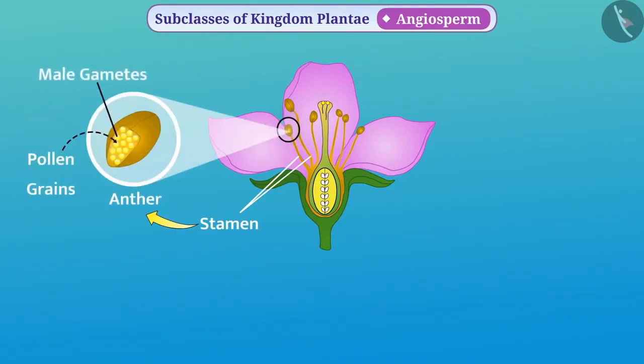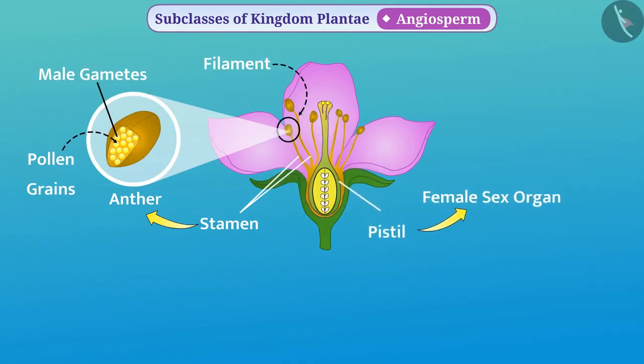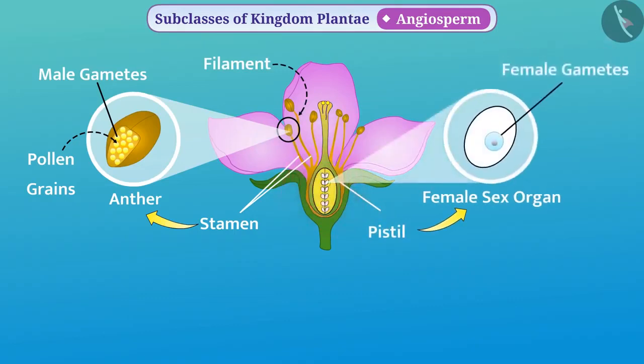The long and thin part attached to anther is called the filament. In the center of the flower, there is a jug-like part called pistil. It is the female sex organ of the plant. It consists of female gametes called egg in the ovary.